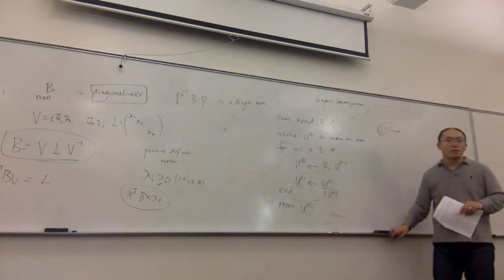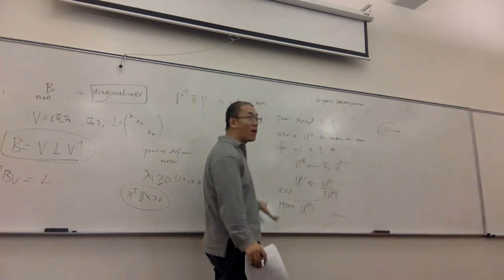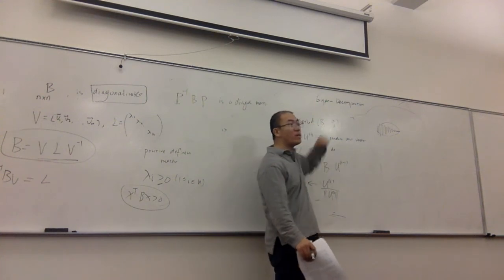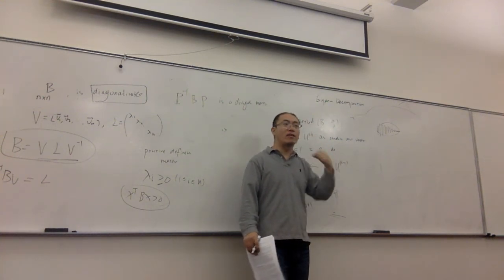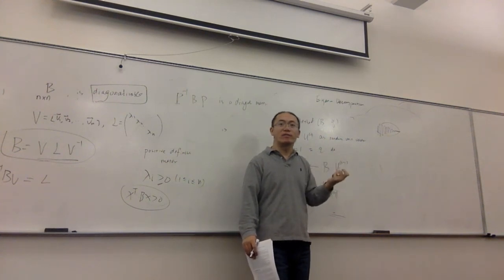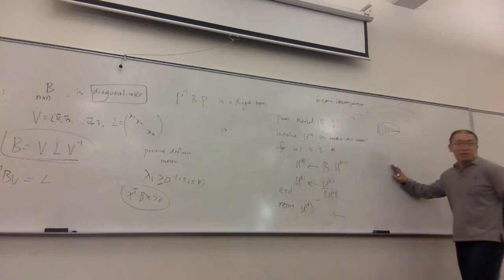After running the power method for the matrix B, you end up with an eigenvector, and you can also calculate the largest eigenvalue. How can we calculate it? Use the definition of the eigen decomposition.